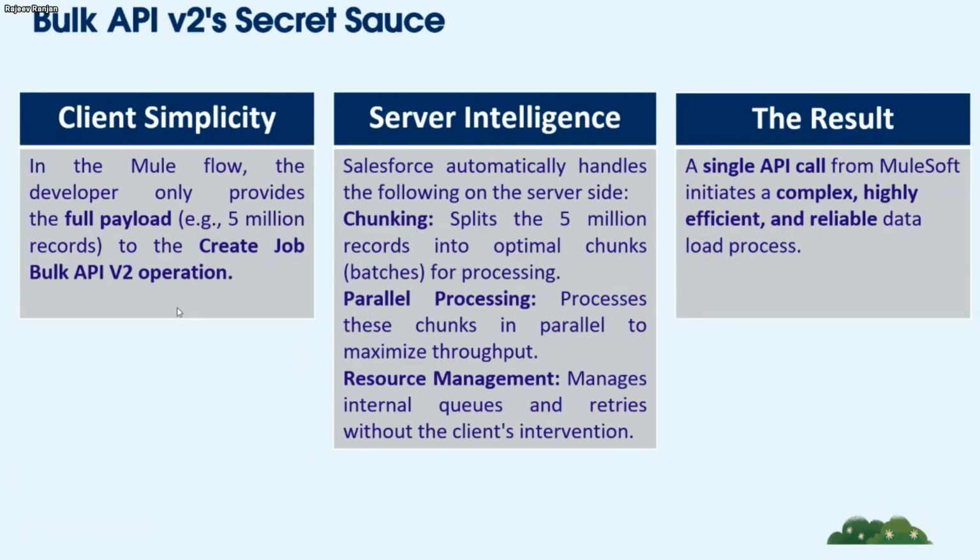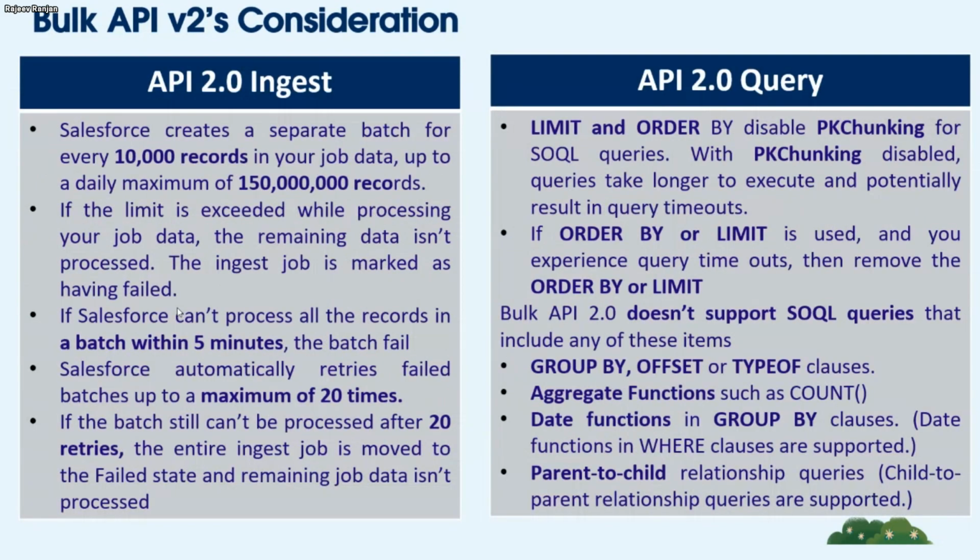And the result is that, because of client simplicity and server intelligence, a single API call is actually doing a lot of things in the platform, and it is processing a massive amount of data in a very efficient way. So this is the secret sauce we have seen as part of Bulk API v2.